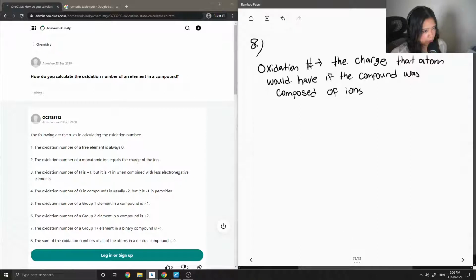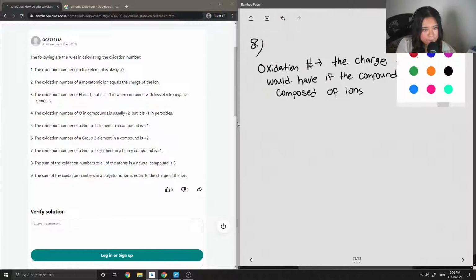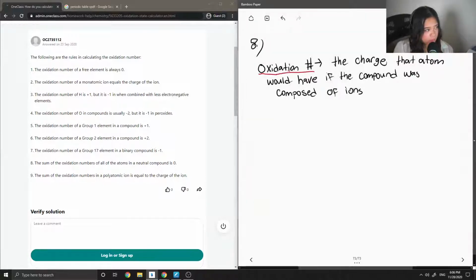So I'm going to look at Janine the Tutor's answer because they have all the different rules of how you would calculate the oxidation number. And then I'll just go over some examples. So here are some of the rules. The oxidation number of a free element is always 0.